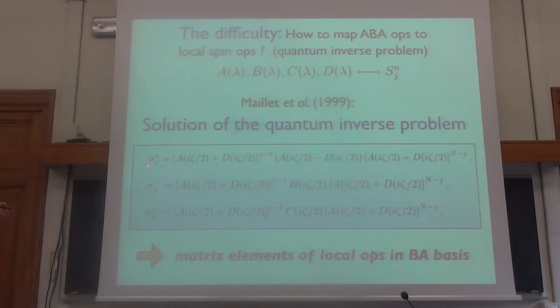So there's a way to translate the matrix element of these local operators in the basis of Bethe states into a reference state, a whole big bunch of products of A, B, C, D operators, and then a reference state. And these things can be calculated because the algebra of the operators is known.